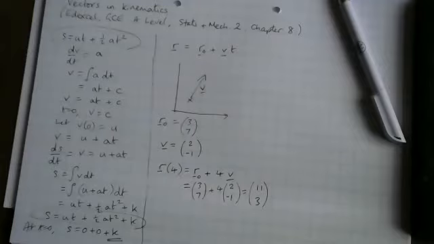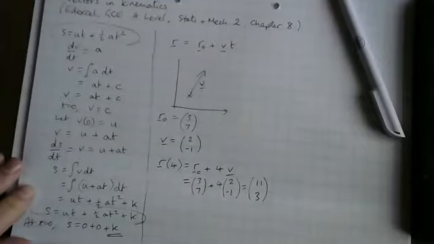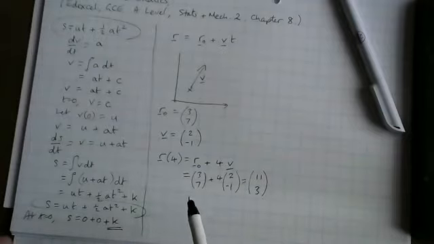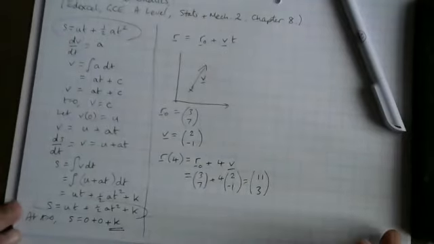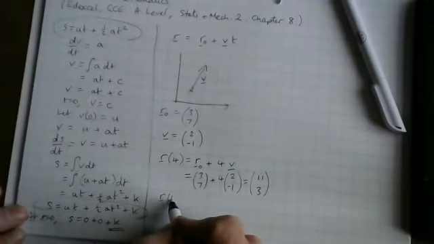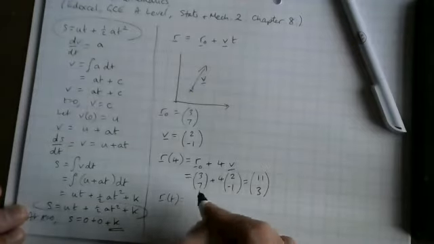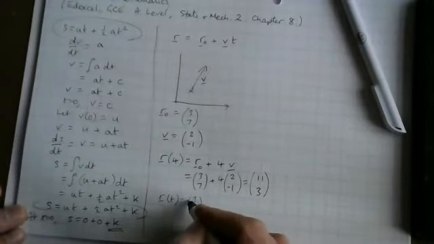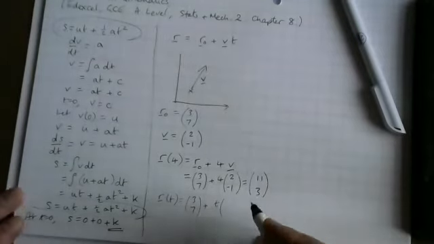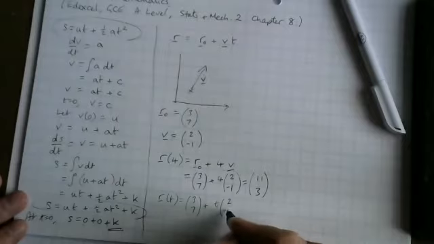You can then expect follow-on questions like find the time when we're due east of the origin, which really means find the time when the y value is 0. So r of t equals r0, (3, 7), plus t times v, which is (2, -1). This is where v is constant, remember?